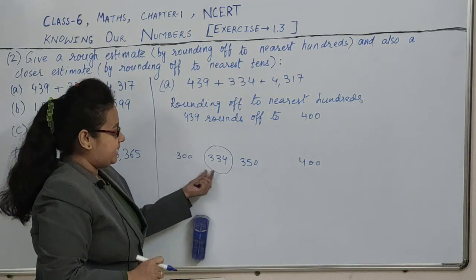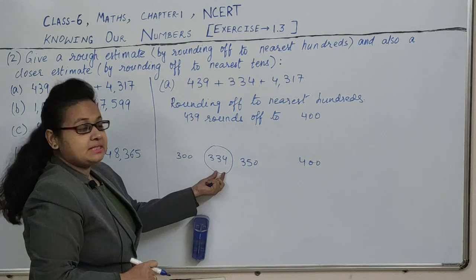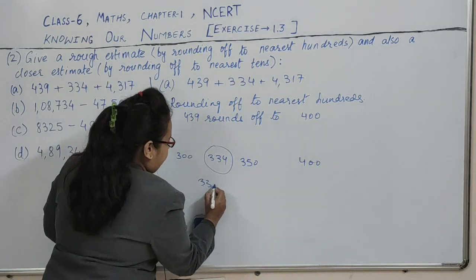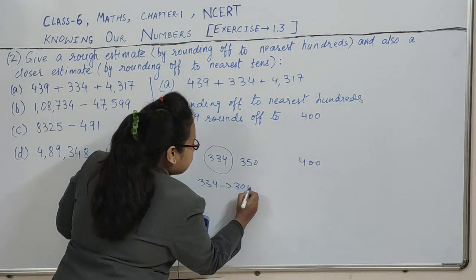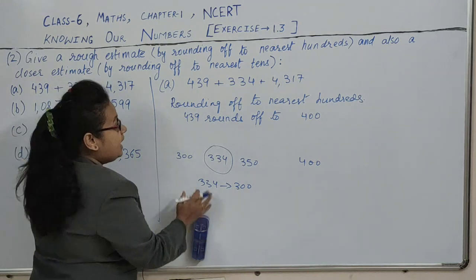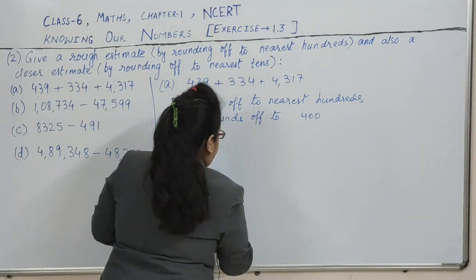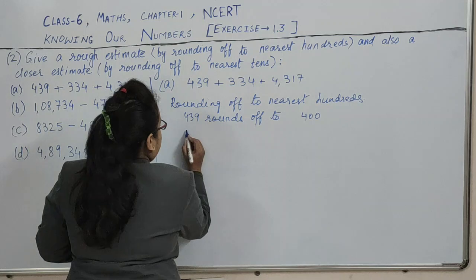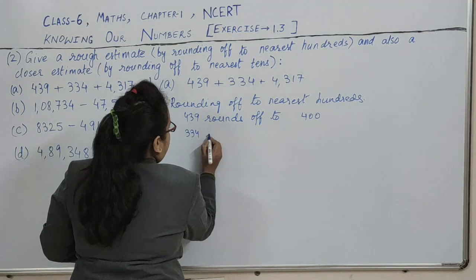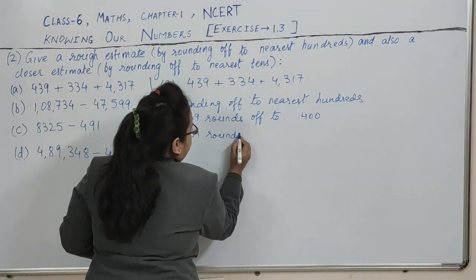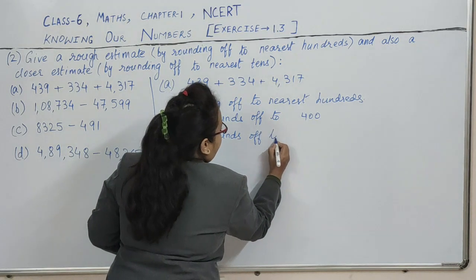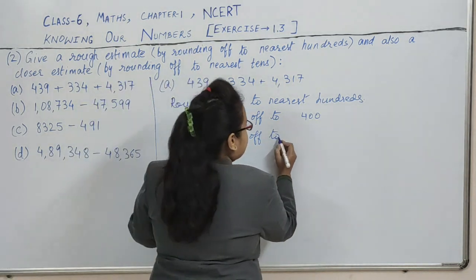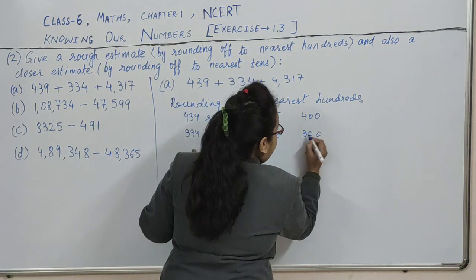So we will round off this 334 to 300 to the nearest hundreds. So 334 rounds off to 300 because it is closer to 300.